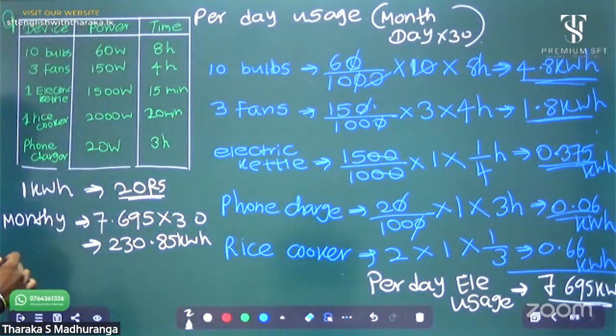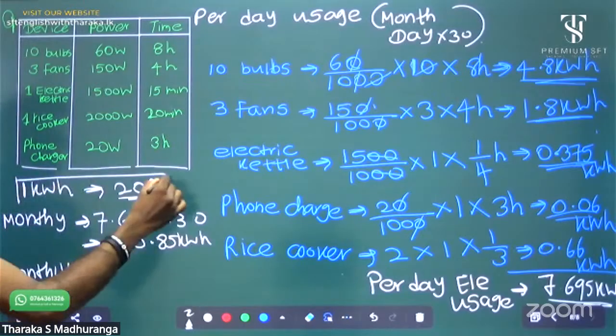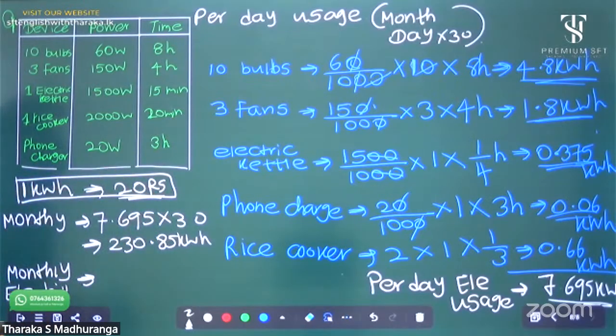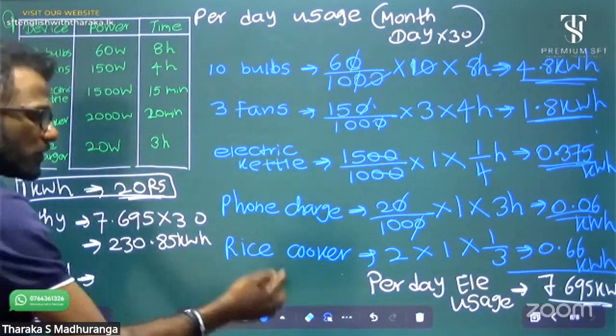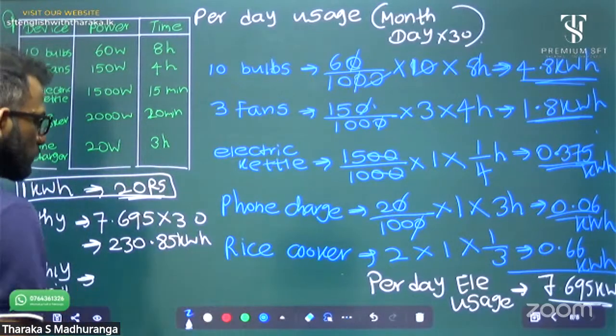Okay, now you can calculate the monthly electricity bill. That's an example; the 1 unit price can be changed according to current situation.